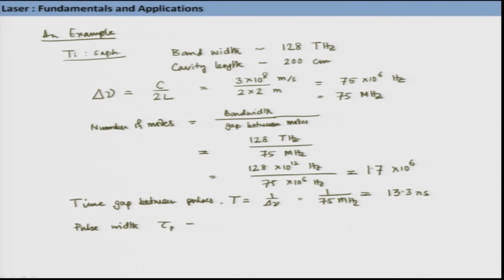And finally, what is the pulse width? Pulse width tau p is equal to 1 by n delta nu, correct. Here n is the number of modes, so 1 by 1.7 into 10 to the power 6, and 1 by delta nu we have just found, which equals 13.3 nanosecond.